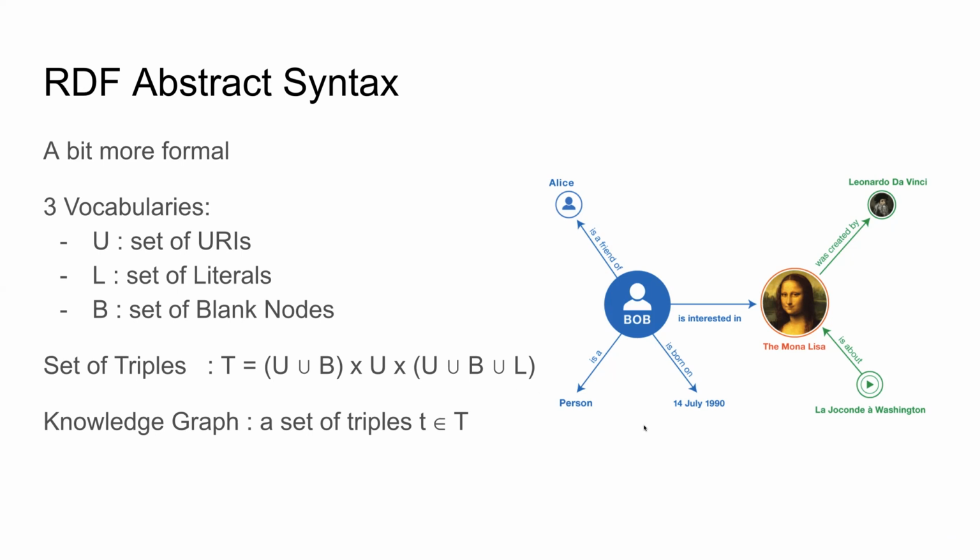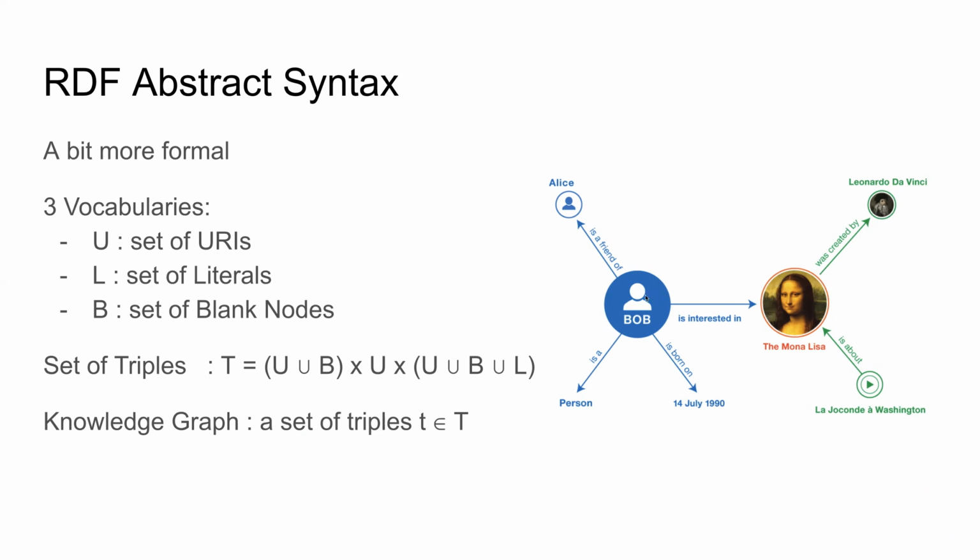Going back to the small example, we said we don't use URIs in this picture just to simplify, but we could consider that Bob belongs to the set of URIs, and that the Mona Lisa belongs to the set of URIs, because you have further information being expressed. Leonardo da Vinci probably belongs to the set of URIs because he also has a birth date and a death date.